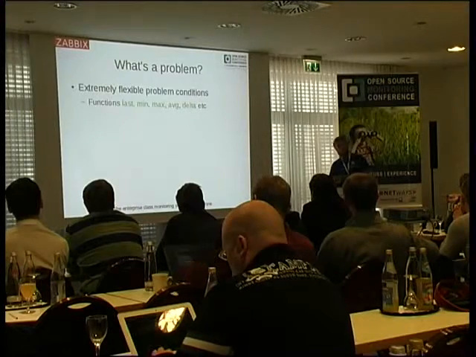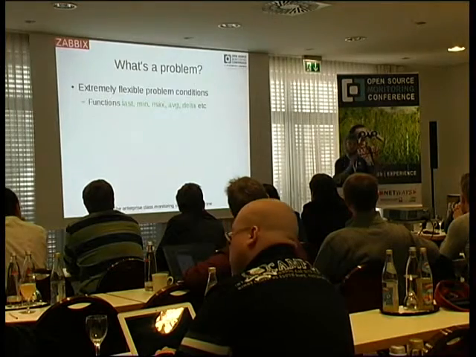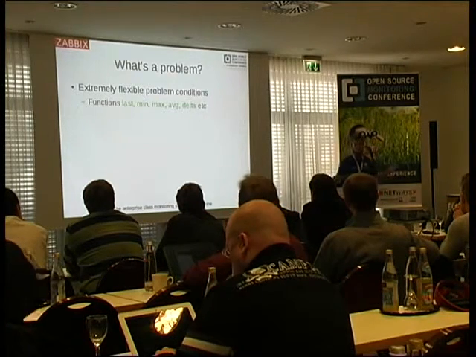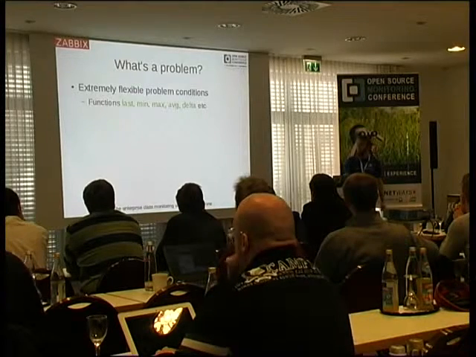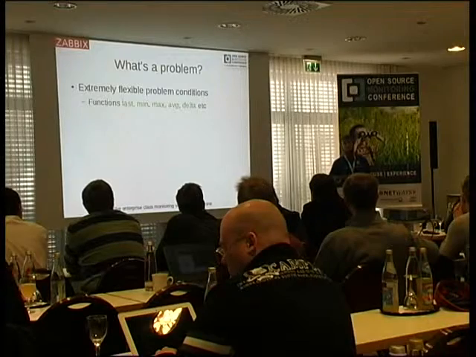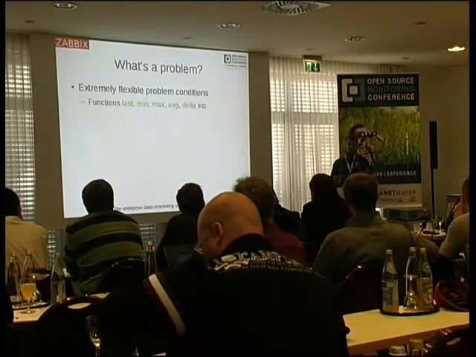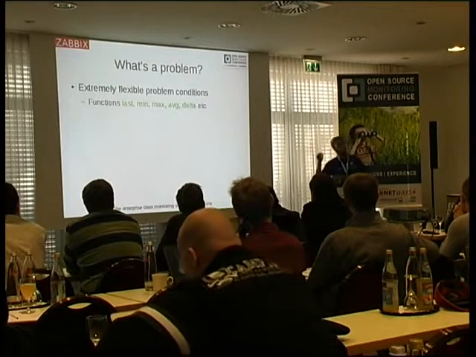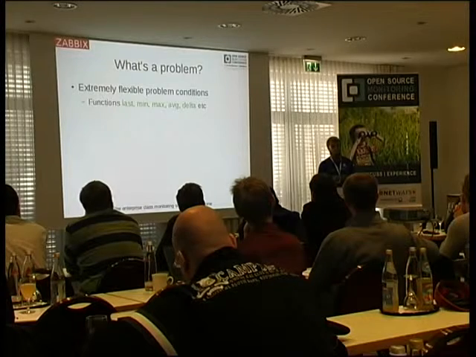So instead of flapping, once we see one CPU load value spiking, we can check that it's actually staying high for the average of 10 minutes or half an hour, or whatever is the time period you would like to check. There's a really large amount of trigger functions available. You can limit based on days of week, or dates. You can check for strings in different values returned, and all that processing is fully done centrally by the Zabbix server.